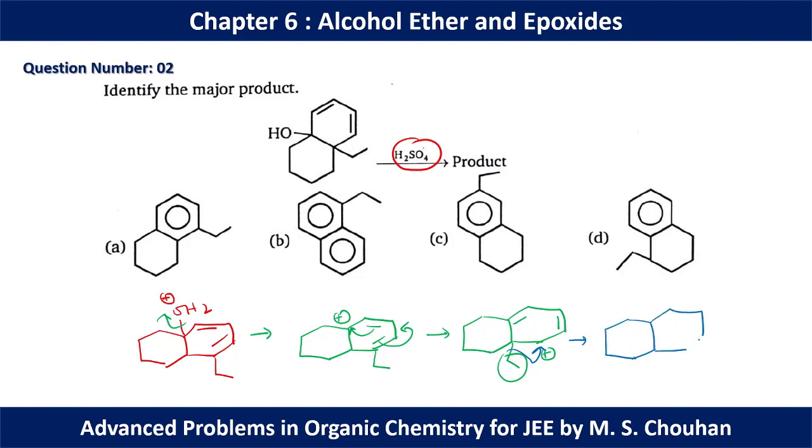So after migration, this will be our situation where carbocation is present here. Now this CH bond will be cleaved and we will get our final product, which will look like this. So from these 4 answers given, option A will be the correct option for question number 2.